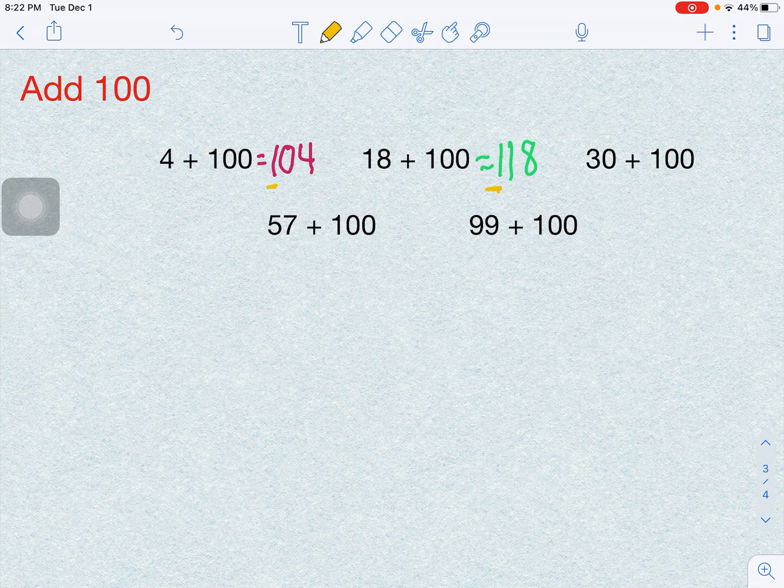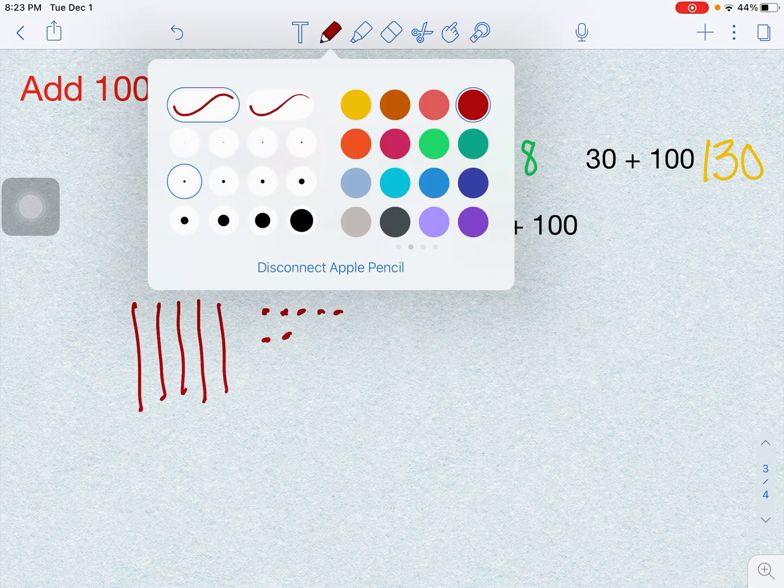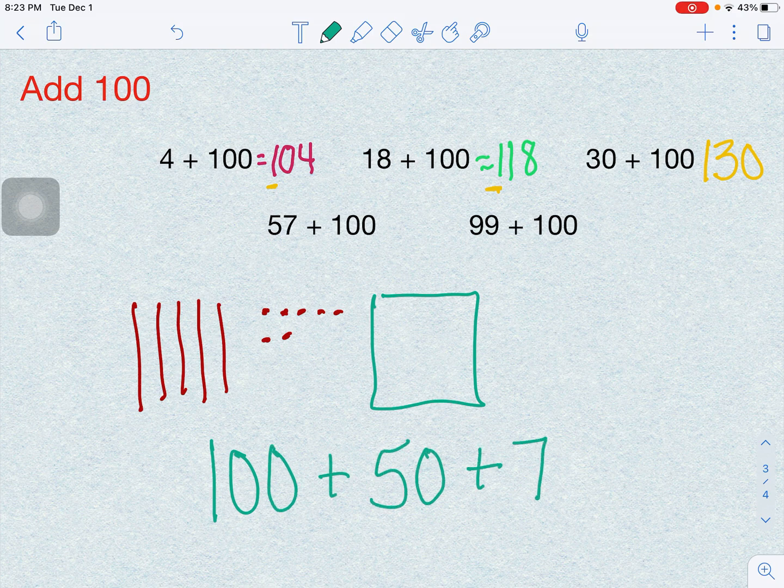So what's going to happen if I have 30 and 100? You're right, 130. I don't even need to draw that one out, Mrs. Hagedorn. Awesome. How about 100 plus 57? Well, 10, 20, 30, 40, 50, 51, 52, 53, 54, 55, 56, and 57. And now I'm going to add my 100. So now I have 100 plus 50 plus 7.